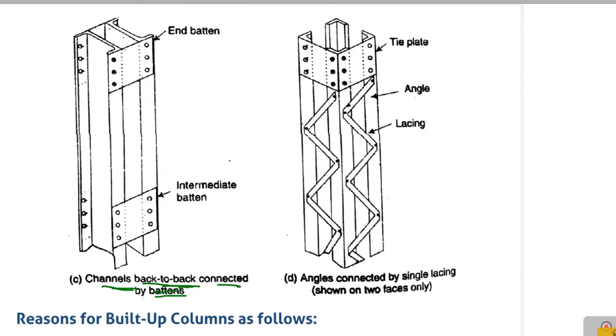And if you see this figure D, you can see angle sections are joined. Four angle sections are joined to form a built-up section. See here, all the faces of these four angles are facing each other.